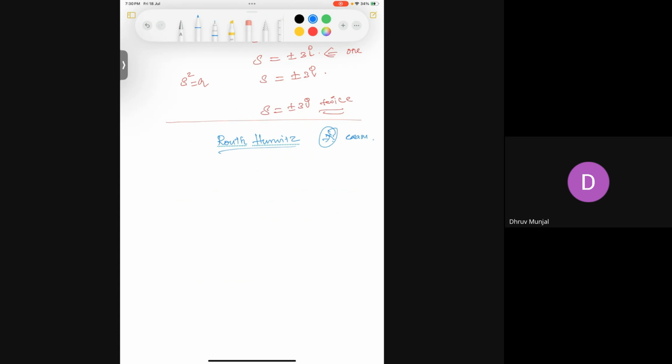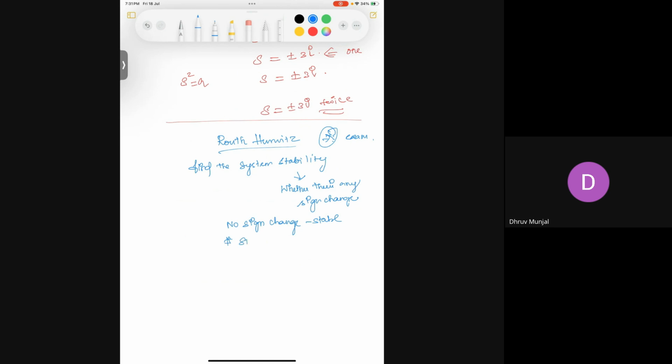The first thing is you have to find the system stability. The stability depends on whether there is any sign change or not. No sign change means stable.